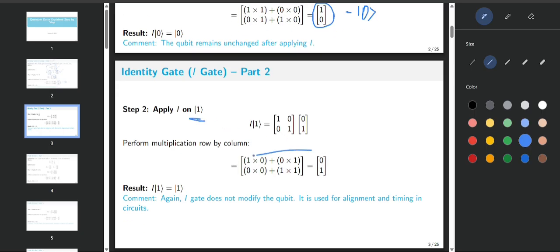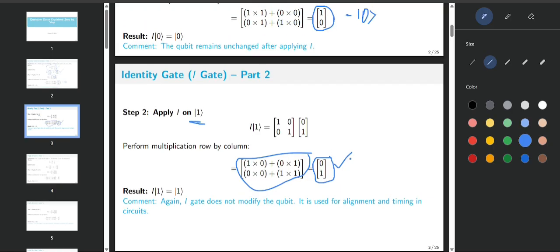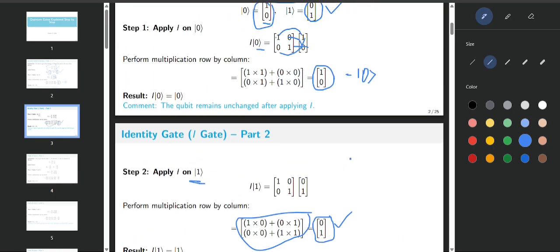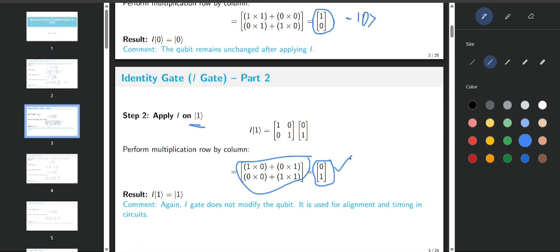In the same way, try it for ket 1. Again, do the matrix multiplication. If you see here, you will learn that the identity gate does nothing on the basis states.